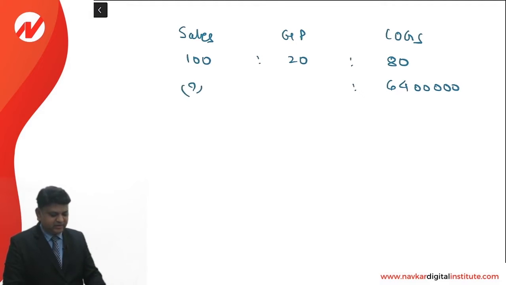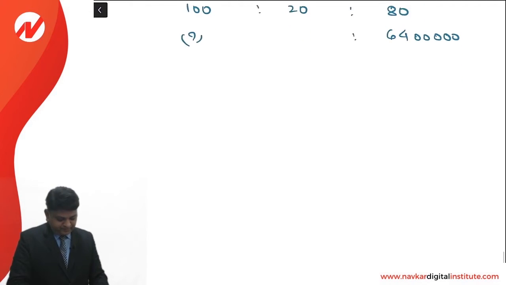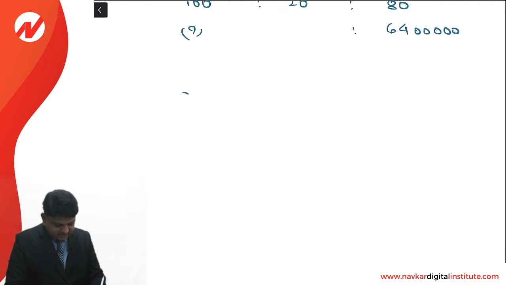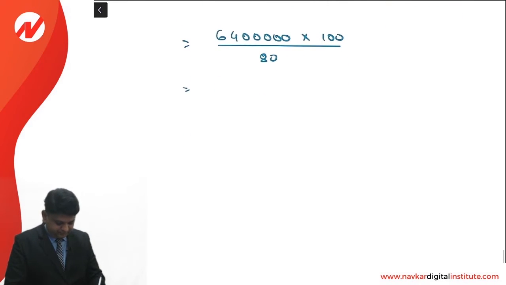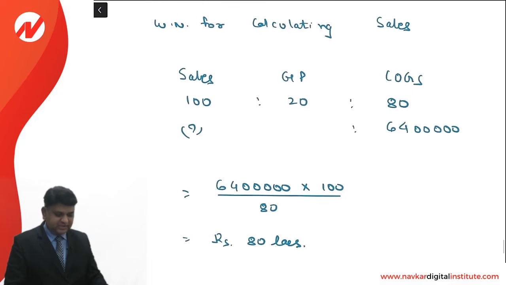So sales would be calculated as a balancing figure. So sales would be found as 64 lakhs into 100 divided by 80. That comes to 80 lakhs.